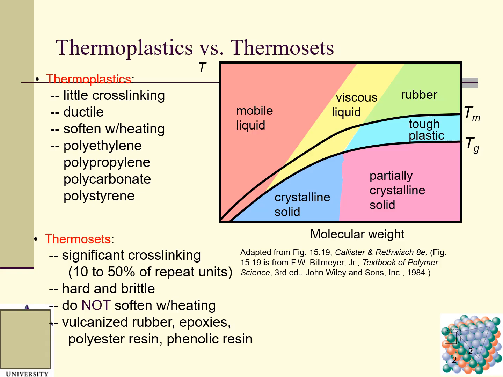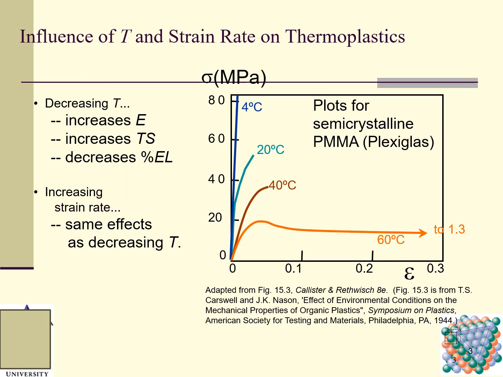I also introduced this figure, which shows how the molecular weight along with the operating temperature determines the status of this material, and also the melting temperature along with Tg, the glass transition temperature. We also talked about the influence of temperature and strain rate on thermoplastics.